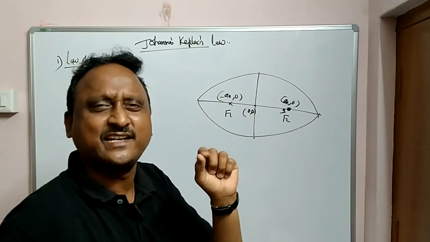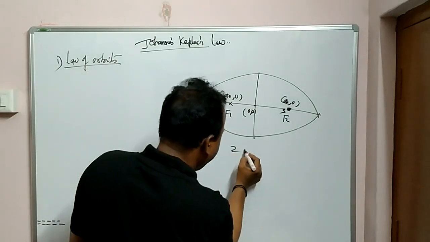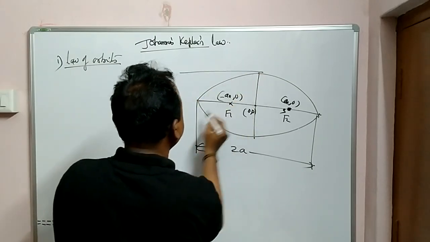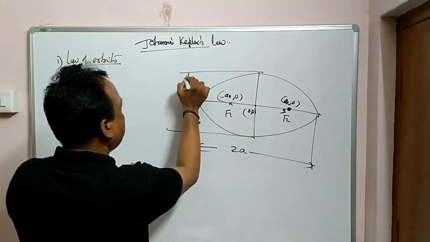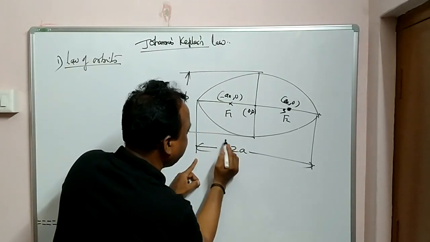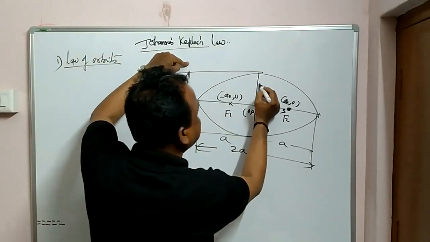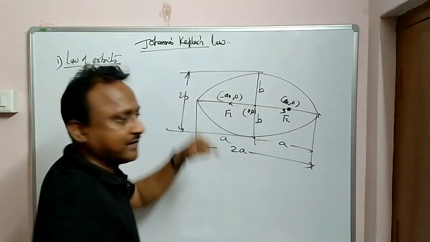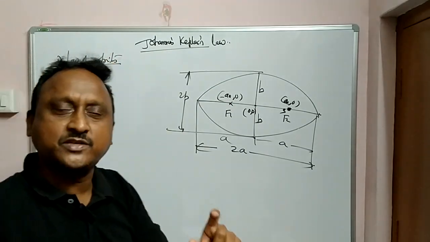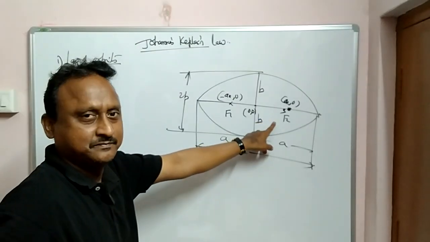Here E is called the eccentricity, and you know in the construction of an ellipse, this is the major axis 2A and this is the minor axis 2B, with semi-major axis A and semi-minor axis B. So according to Kepler's first law, each planet should revolve around the sun in an elliptical orbit, with the sun being one of the foci of the ellipse.